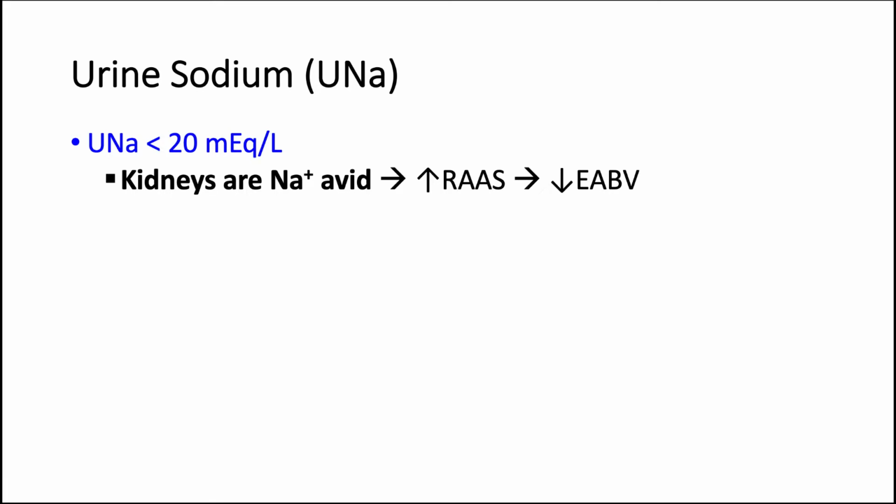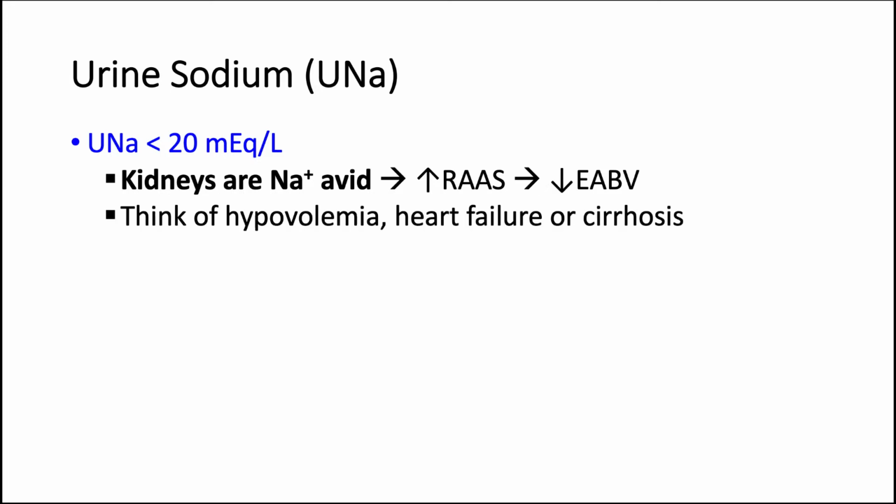Because the effective arterial blood volume is low. So when that happens, you have to think of the three conditions that can cause low effective blood volume, which are hypovolemia, heart failure, and cirrhosis. Cirrhosis causes vasodilation of the splanchnic circulation, so that will decrease the effective arterial blood volume. But those three are the ones that you need to think about.